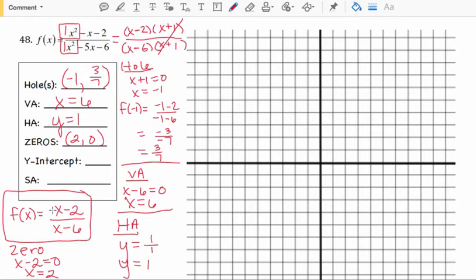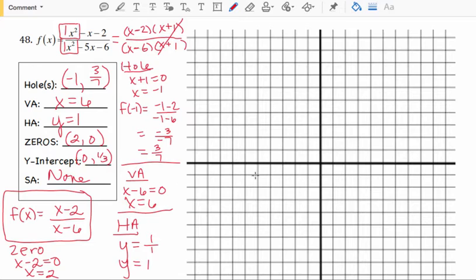So if I plug in a 0 for x, I get -2 over -6, which is a third. So when x is 0, my y-intercept is up a third. And finally, here we have no slant. If you have a horizontal asymptote, you're definitely not going to have a slant. A slant asymptote is when your numerator is exactly 1 degree more than your denominator.